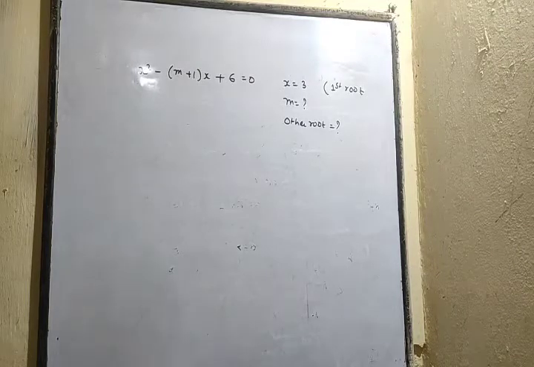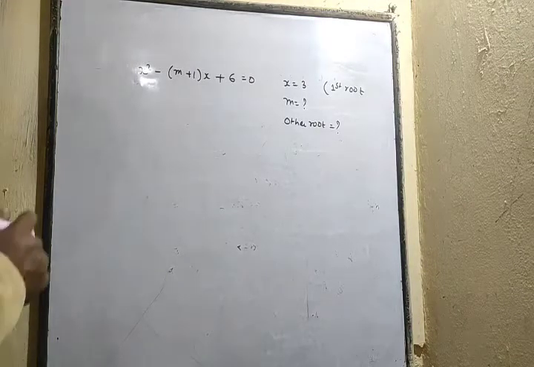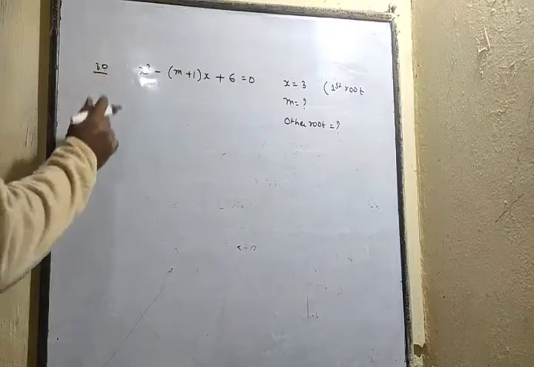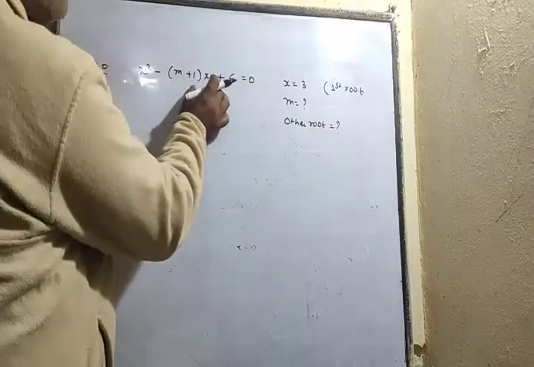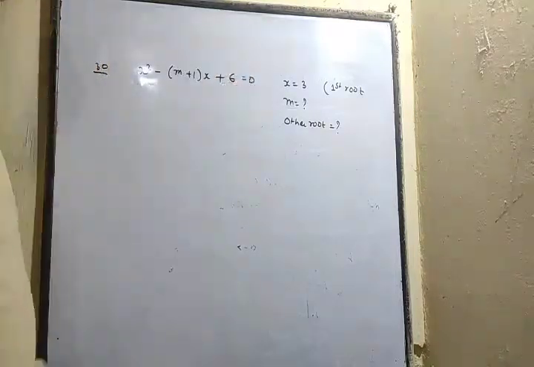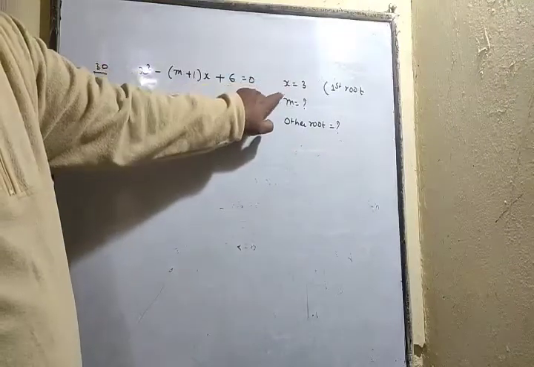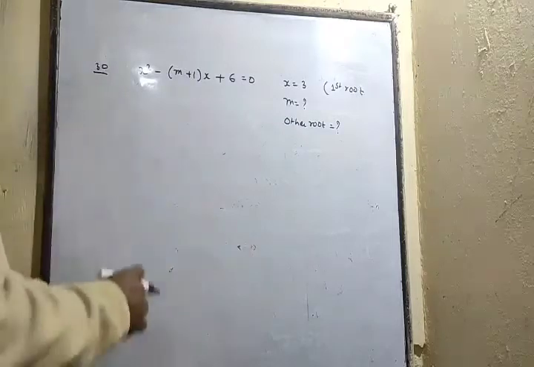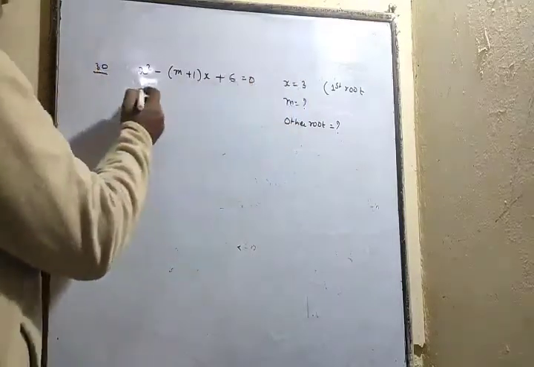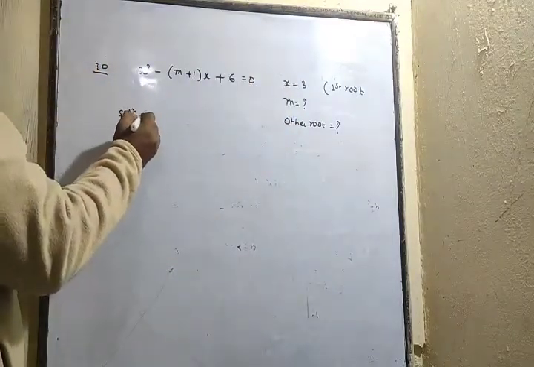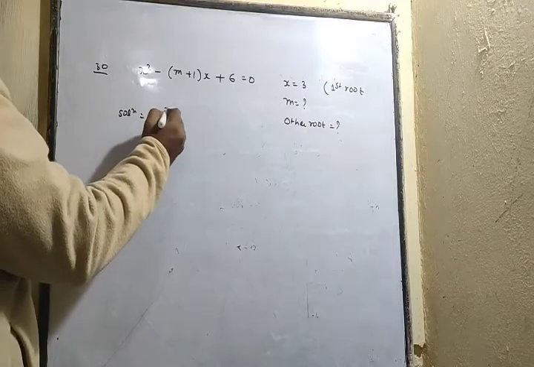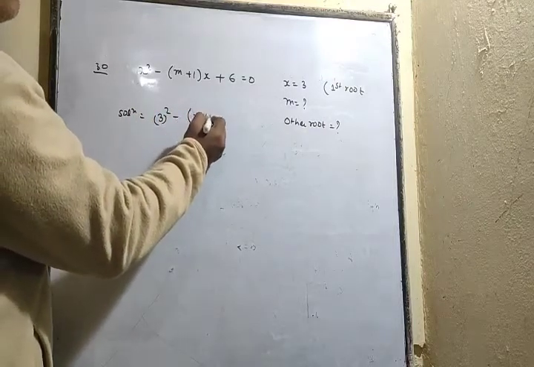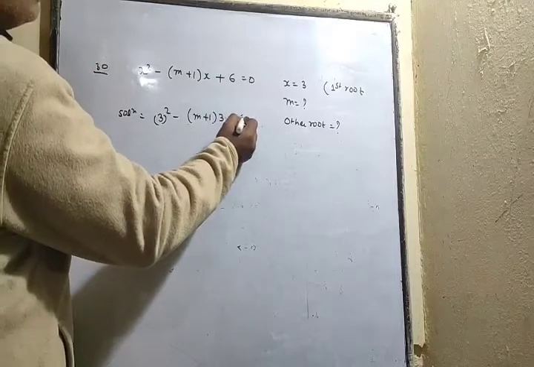So now the next question is question number 30. It says that the equation is x square minus (m plus 1) into x plus 6 is equal to 0. One of the roots is given, x is equal to 3. You have to find m and you have to find out the other root. So we'll put the value of x is equal to 3 in this equation. So it will be 3 whole square minus (m plus 1) into 3 plus 6 is equal to 0.